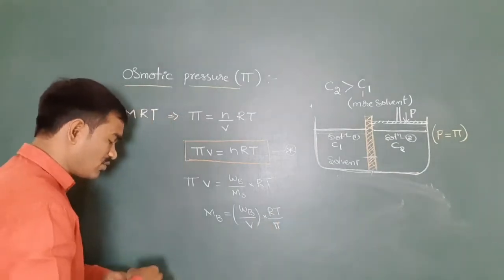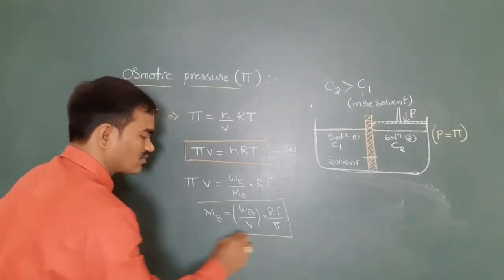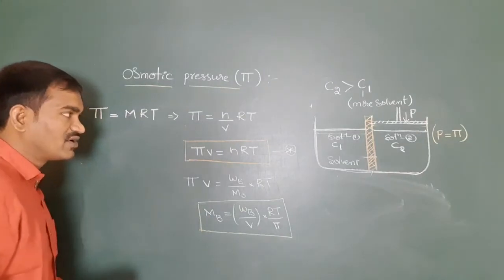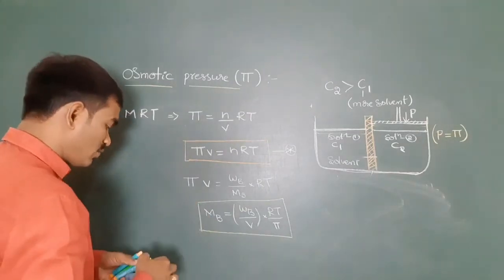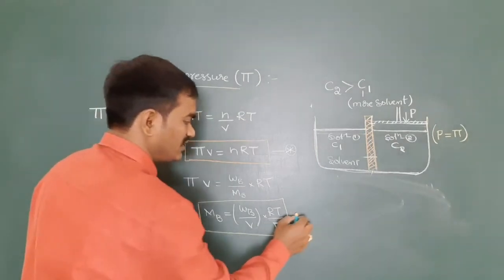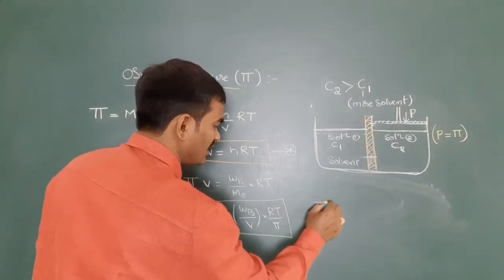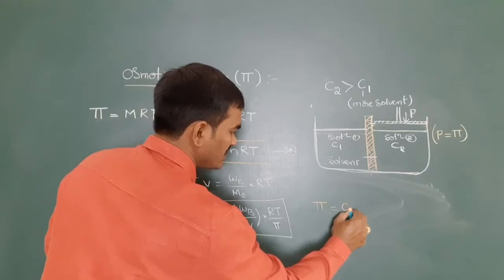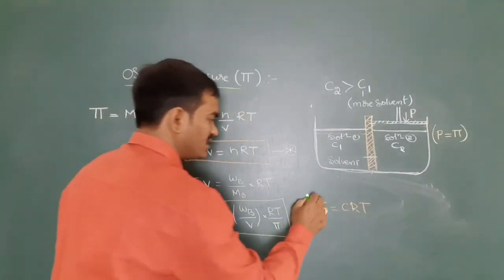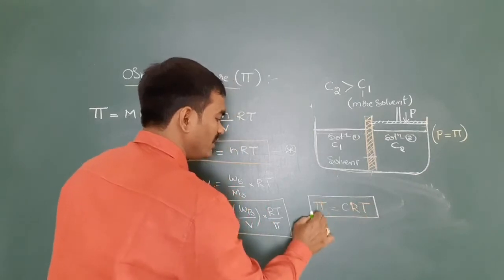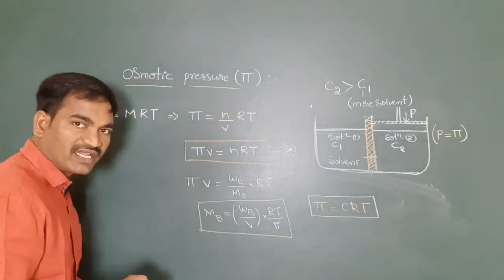So this is also one expression which we use to solve problems. Have you got it? Is it clear? One more expression I want to tell you, that we have learned already: pi is equal to CRT. These expressions we generally use in solving problems.